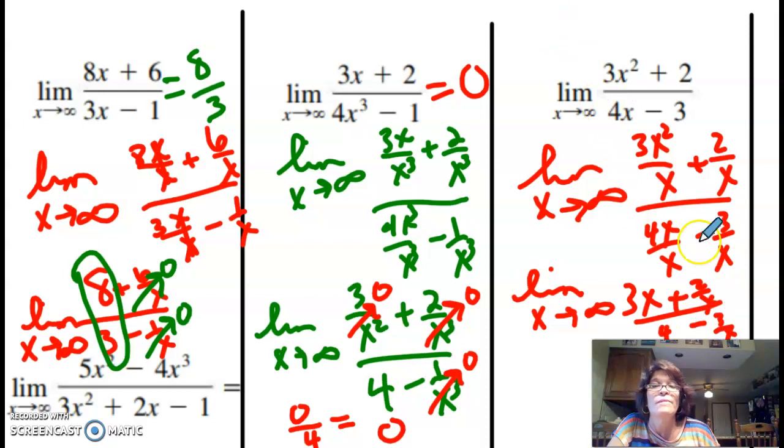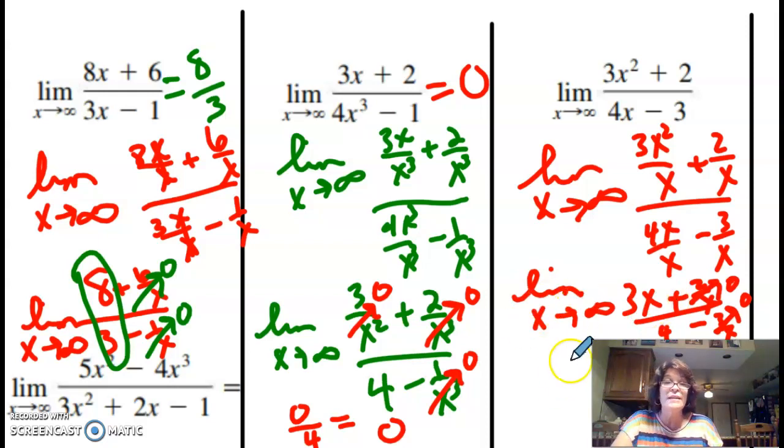Now the 2 over x goes to 0 and the 3 over x goes to 0. But as x gets huge, I get 3 times a huge number over 4. So what is happening to that? The limit as x approaches infinity of that is just infinity. As x gets huge, this whole thing gets huge.